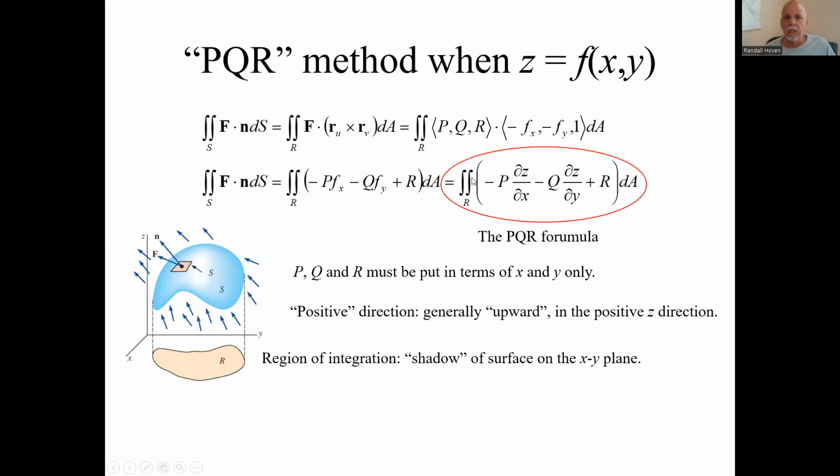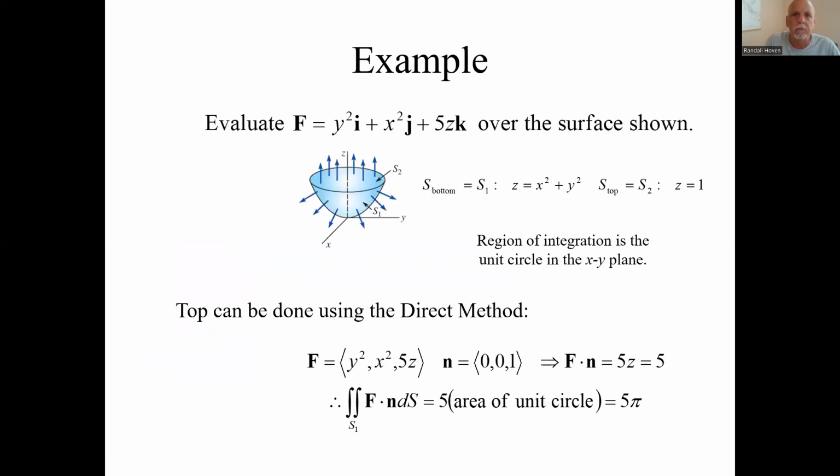The region of integration will be in the XY plane, and it will be like the shadow underneath the surface. If you had a light infinitely above or below the XY plane, that would be the shadow that the surface casts on the XY plane. That's your region of integration.